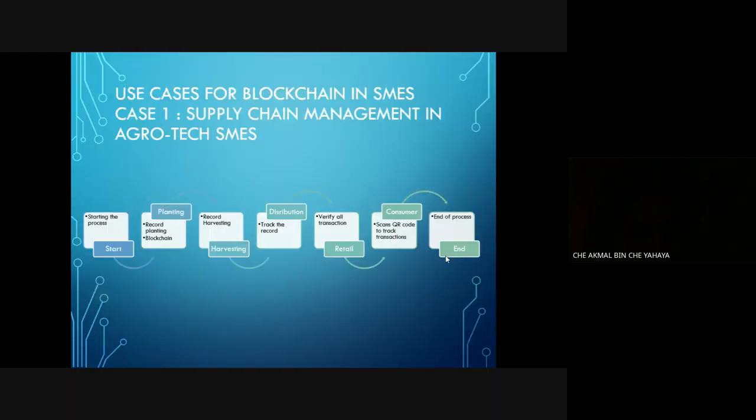Let's talk a bit about use case. Consider the use case of supply chain management in agro-tech SME in Malaysia. Usually they have seven steps from start until end. They will start the process by planting, and try to blockchain the planting first, recording planting one by one. Next, they will harvest it, so they will record the harvesting, for example, one year's two times, and next will follow the track on the record time by time.